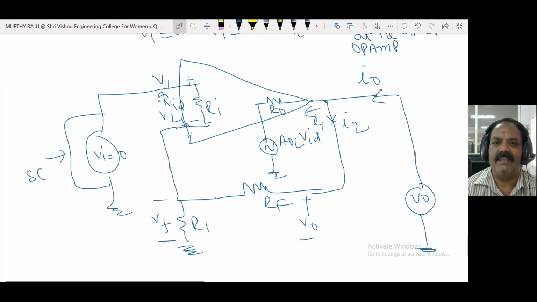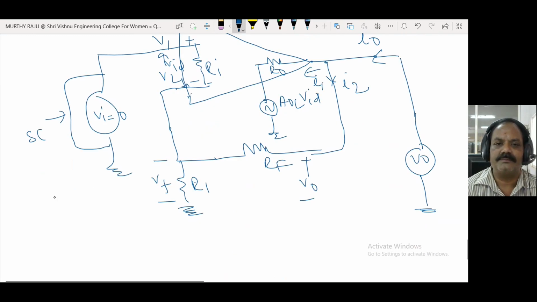This RI is connected to ground at one end. The other end of that RI is connected to R1. For simplification, this one is RI, connected to ground, and the other end of RI is connected to R1.